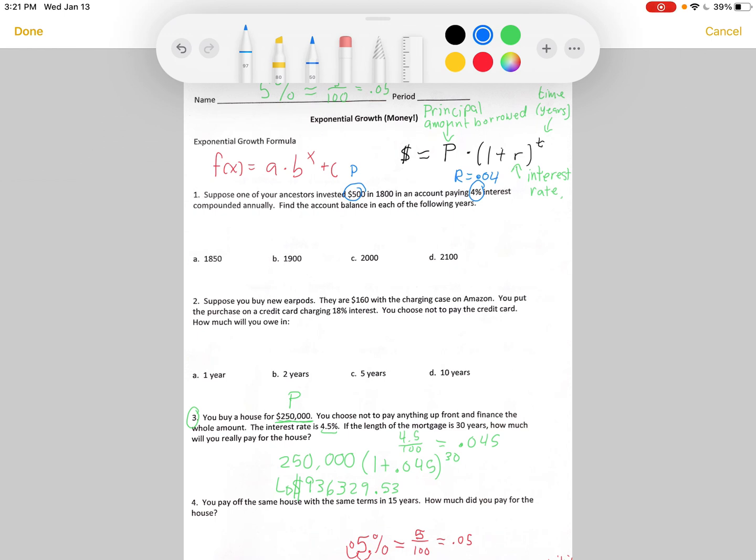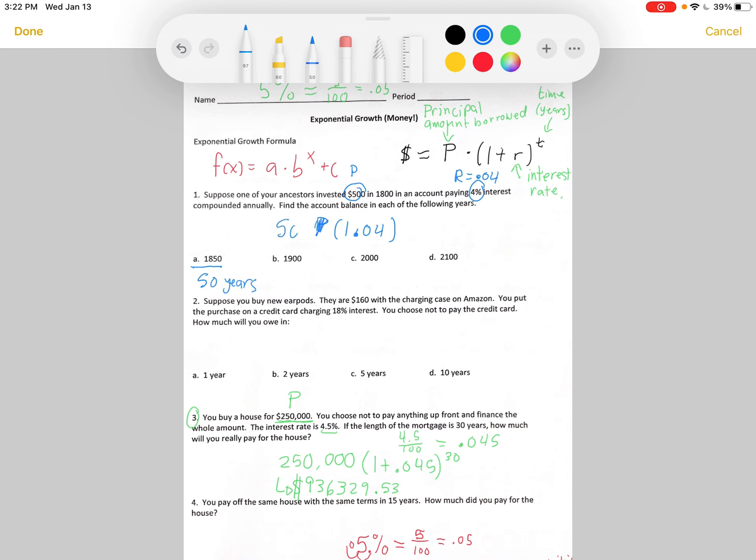Now I just took 4 and divided it by 100 again. So let's go ahead and plug that into our formula. Our principal amount is 500 times 1.04. Now, this happened in the year 1800, and we want to know the balance in the year 1850. How many years elapsed in between 1800 and 1850? 50 years.